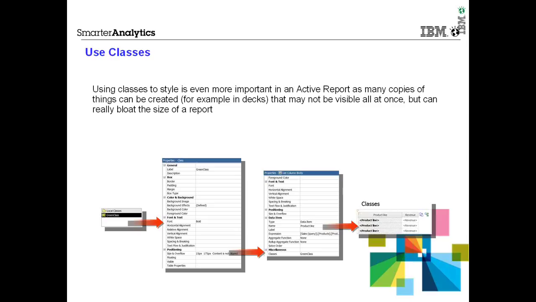This can also bring down the size of your active report, because whenever you're using a deck or a data deck, depending upon the data, the cards will get generated. And if you're applying the formatting information to every card, the size will increase. So it's better to use classes, so that you define your classes once and reuse them, which will keep your file size down.